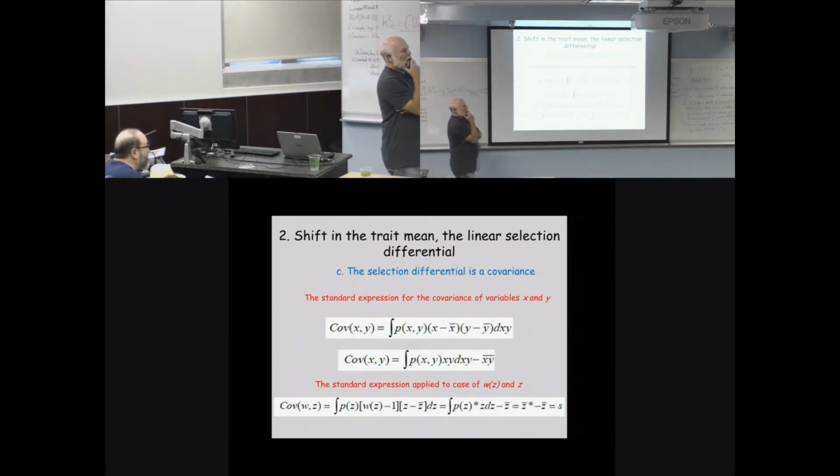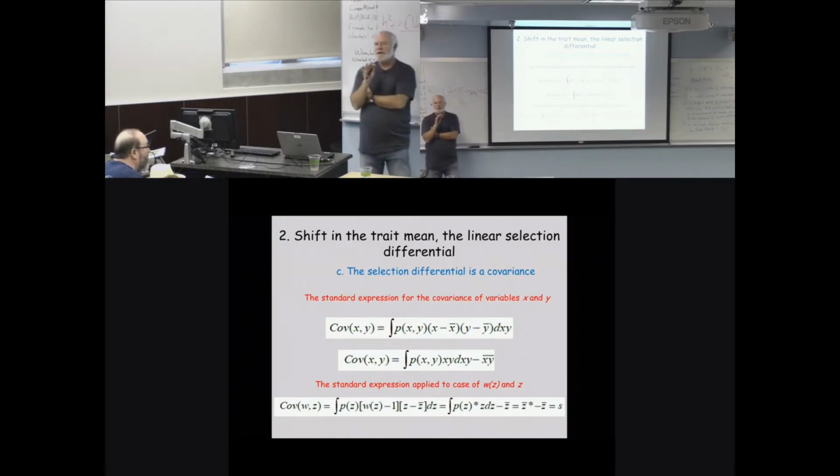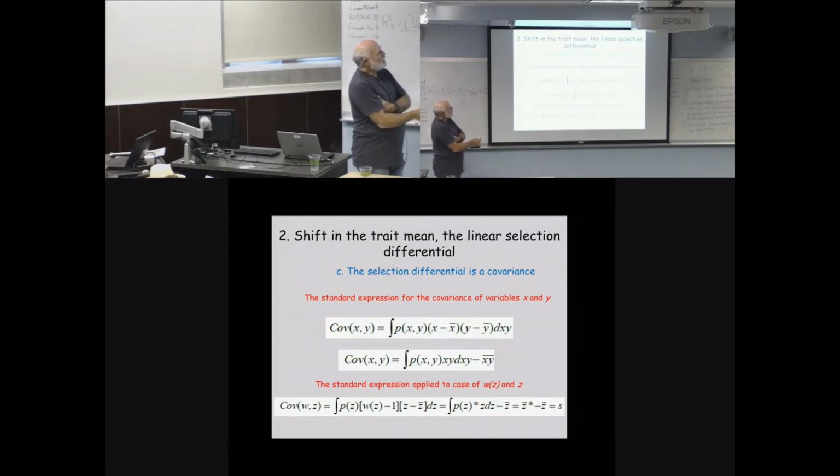All right, so a consequence of this, and this is a result first shown by Alan Robertson in 1966, is that our selection differential turns out to be a covariance. I'm just going to skip through this, but at the end of the day, what you can show is that our shift in the mean, S, is equivalent to the covariance between two random variables, relative fitness, W, and the trait value before selection.